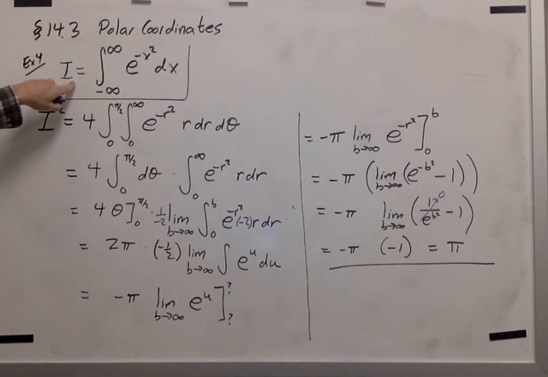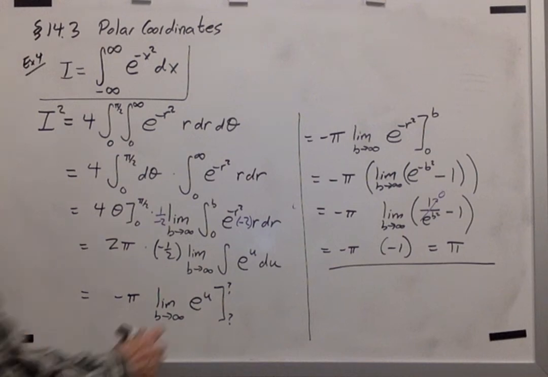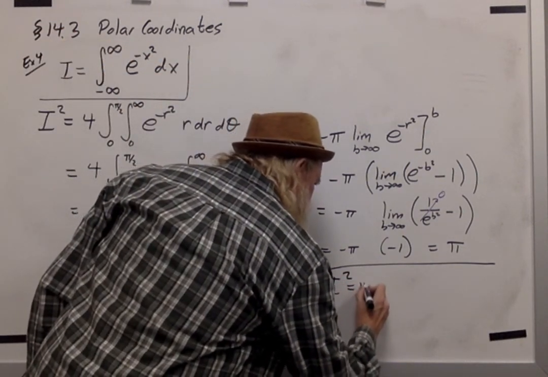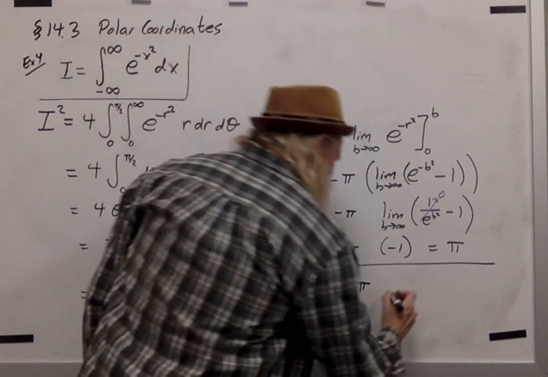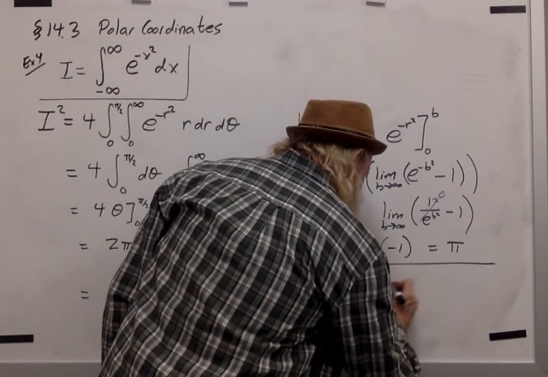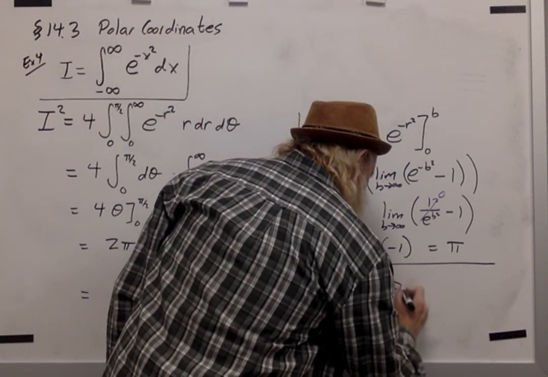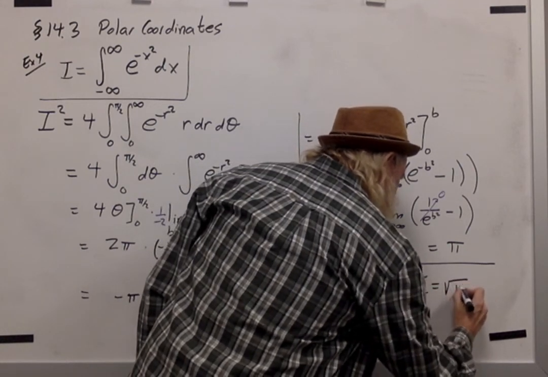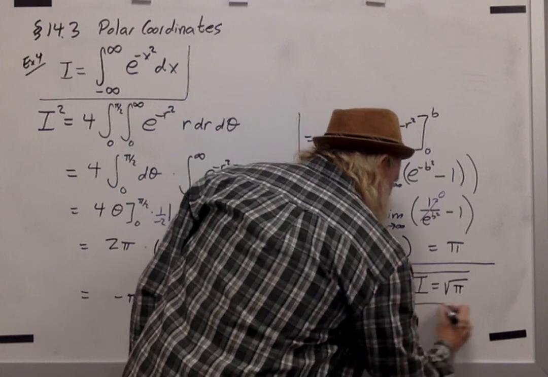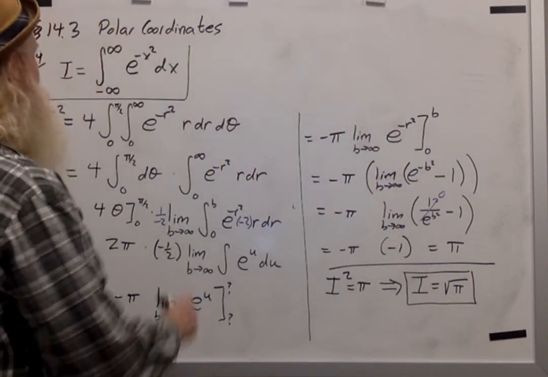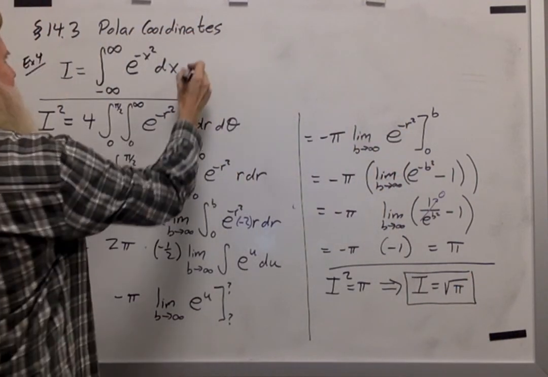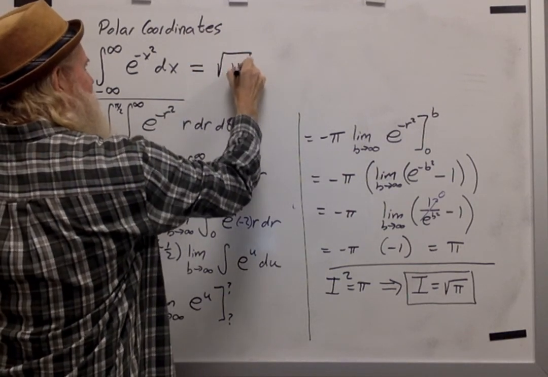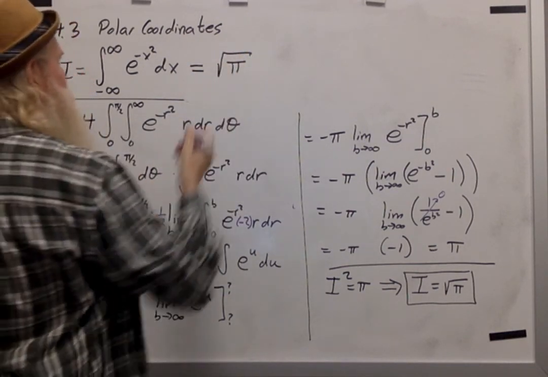So the square of the integral we're looking for is equal to pi. So that means that the area under the curve is equal to the square root of pi. So the conclusion we can draw is that this very interesting integral has a value of square root of pi.